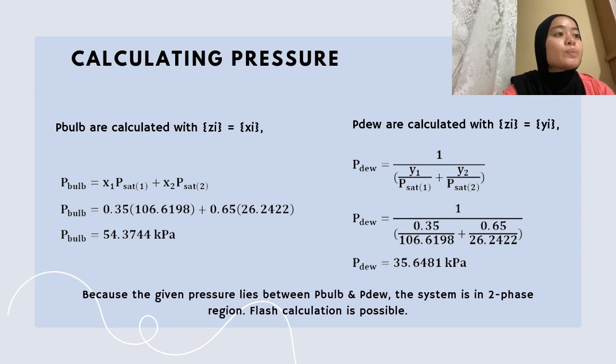Meanwhile, the dew pressure relates to the vapor composition for methanol and water. From the slide, the equation is 1 over (Y1 over P_sat1 plus Y2 over P_sat2). The dew pressure is 35.6481 kPa. Since the assumed pressure is 40 kPa and it lies between the bubble pressure and dew pressure, the system is in two phases and flash calculation is possible.